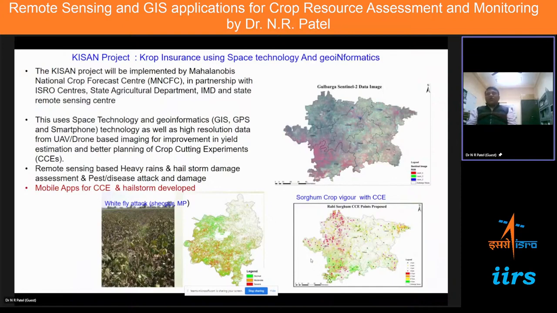GIS, GPS, drones, and high resolution satellite data, along with systematically planned crop cutting experiments, are being used to define, detect, or develop a remote sensing based insurance index for adjusting the crop compensation, or better assessment of the crop compensation.